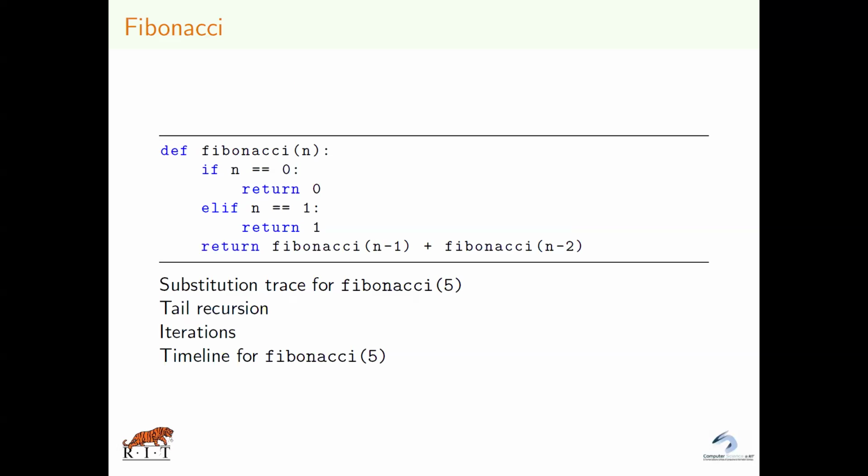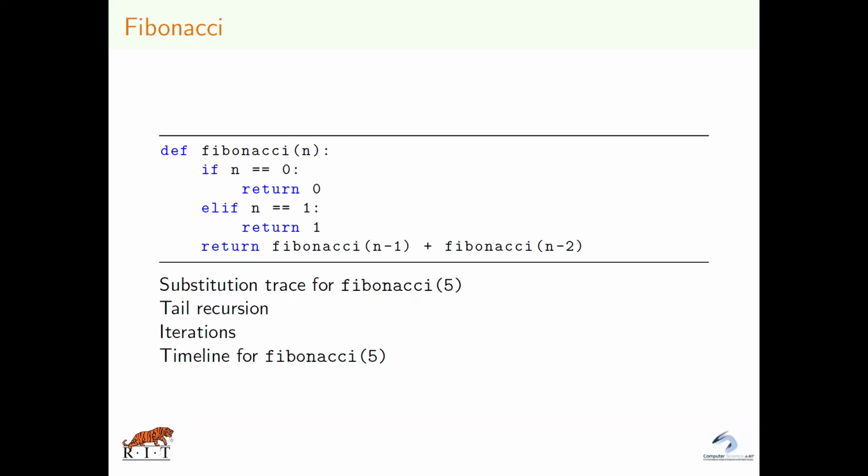So let's convert the Fibonacci function to tail recursion, then to a while loop, and then write the substitution, the timeline for the new Fibonacci. And you will see that this Fibonacci converted to tail recursion or while loop will work even for very large numbers. For thousands, it will work very nicely.